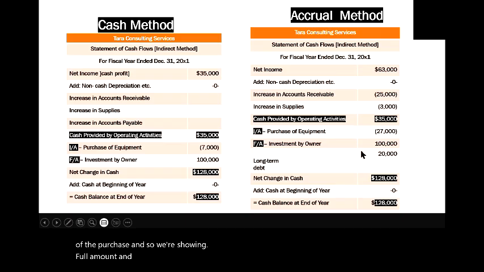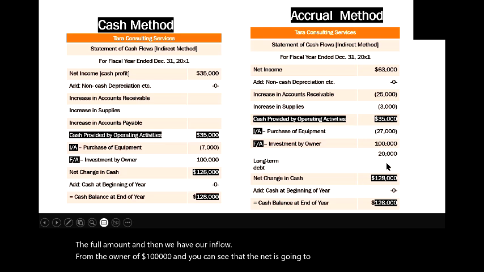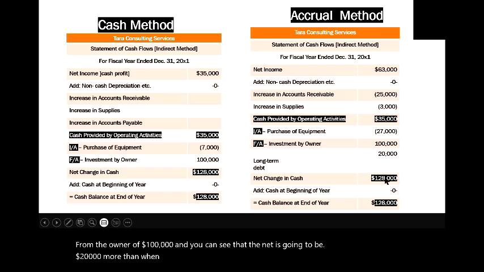And then we have our inflow from the owner of $100,000. And you can see that the net is going to be $20,000 more than when we started. And so we end up with $128,000.